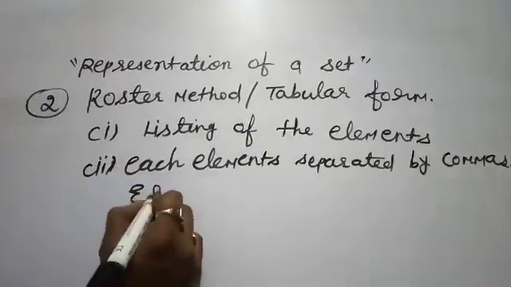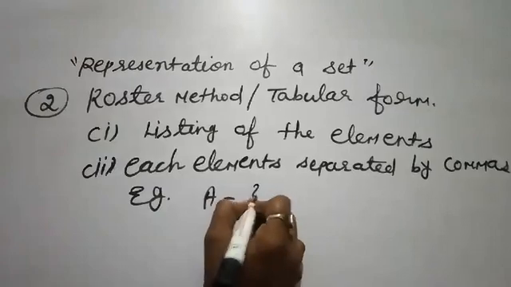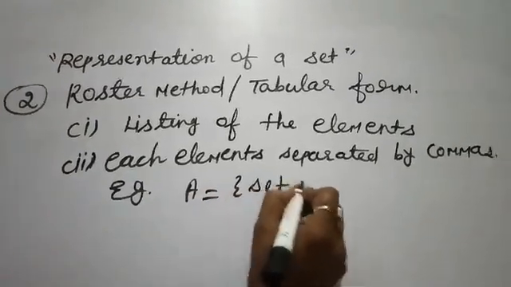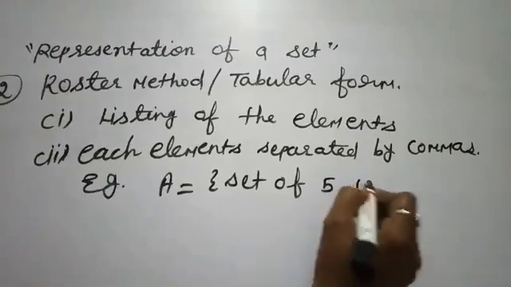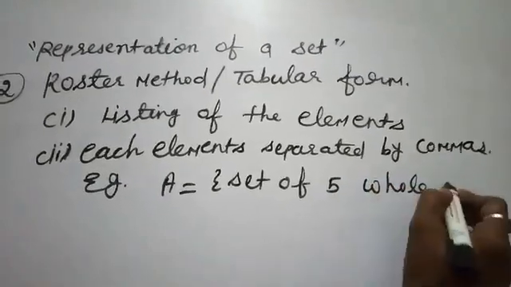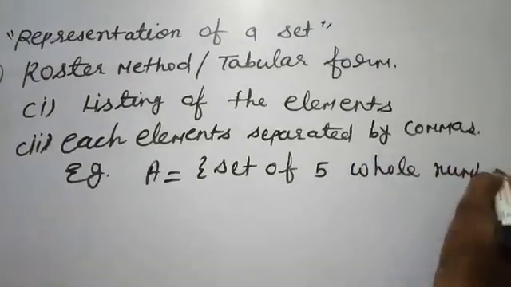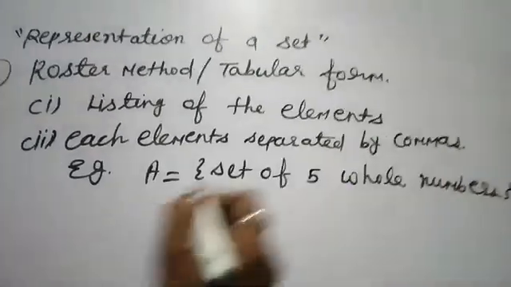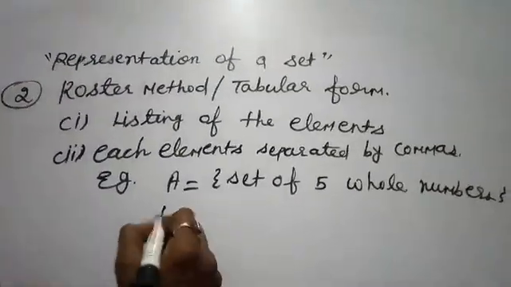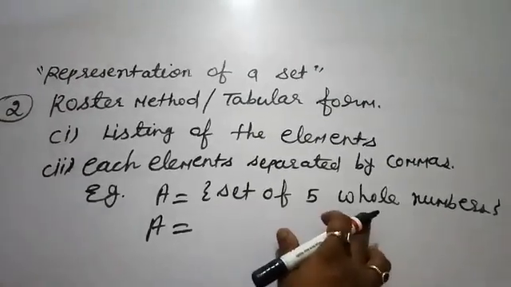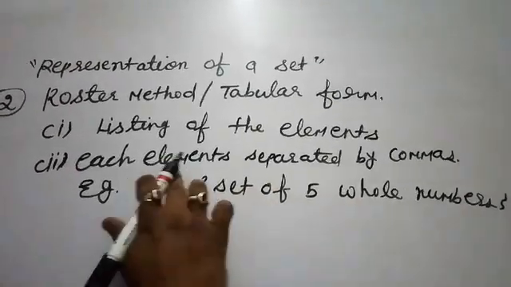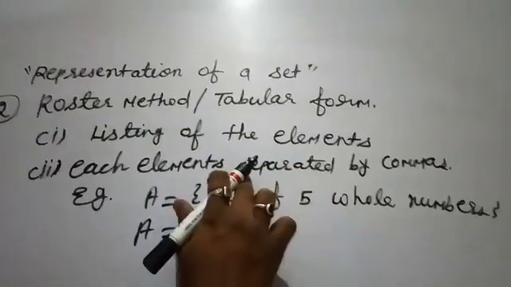Here set A is a set of 5 whole numbers. So in the roster form we can list each element of the set and we put a comma after each element.